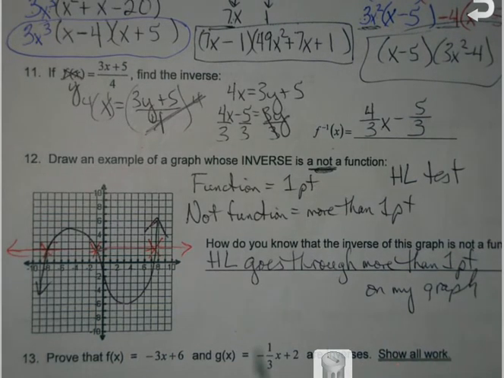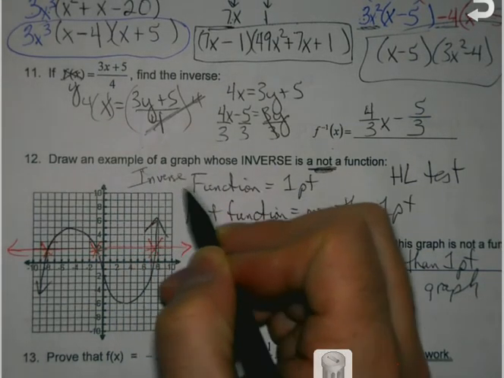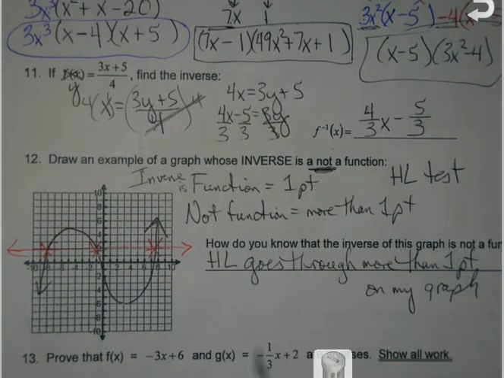If it only goes through one, okay, the inverse is a function. I've actually better put that here. Inverse is a function or not a function. It doesn't mean it's not a function as a whole. This would pass the vertical, but for seeing if the inverse is a function or not, it wouldn't pass.